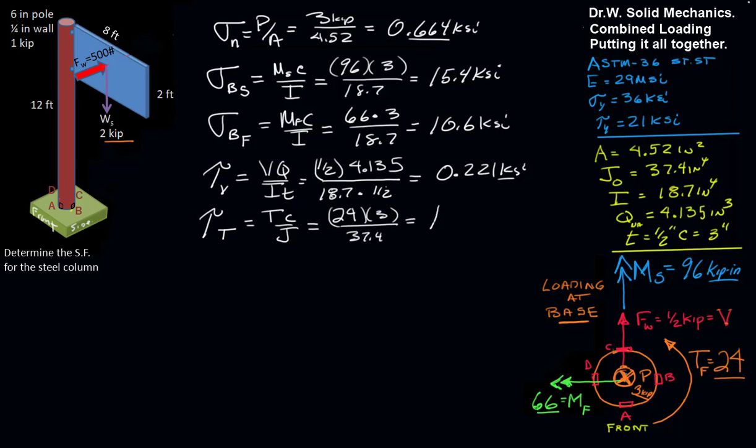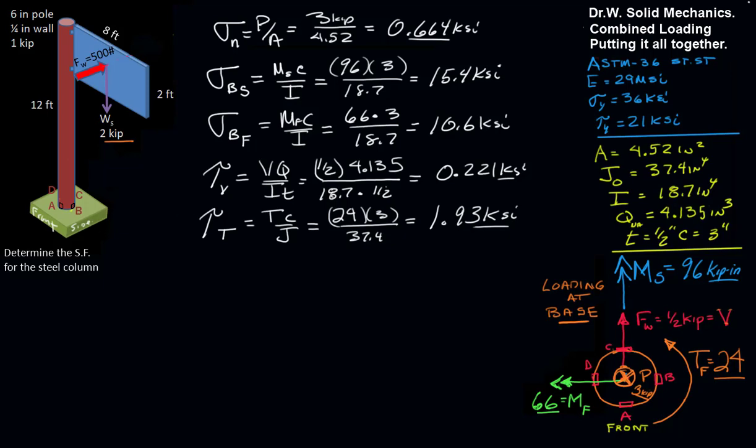And we get 1.93 KSI for the torque-based shear stress. So with that, we have 3 normal stresses and 2 shearing stresses that we now need to address with how they react with these elements down here.